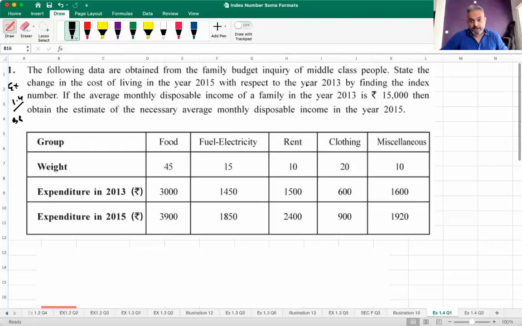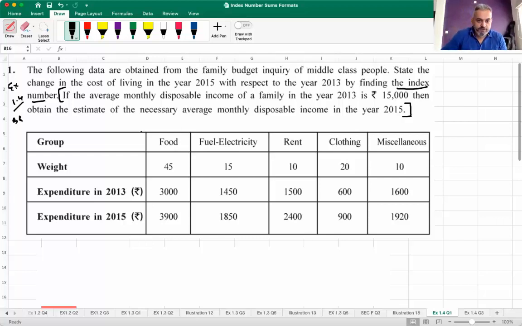So the first thing is we have to find the index number. If the average monthly disposable income of the family in the year 2013 is 15,000, then obtain the estimate of necessary average disposable income for the year 2015. Later we will see this. We go to the first step, that is we find out the index number.